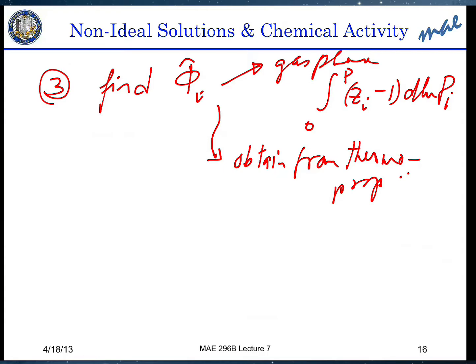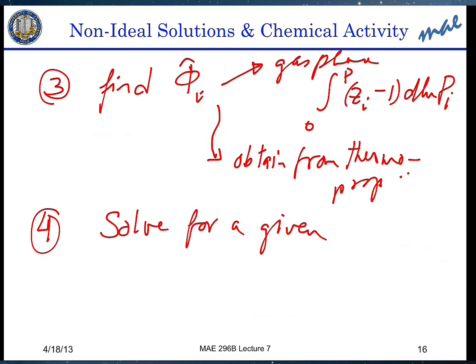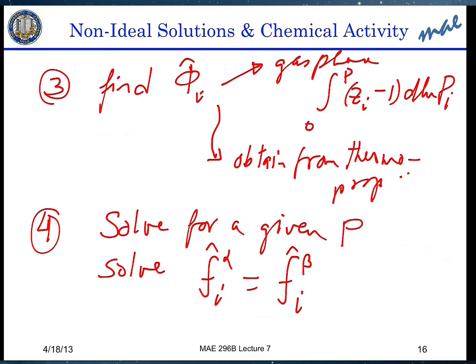And then the next one is step number 4. Step number 4 is that for a given pressure P, we solve for equilibrium. Solve: the fugacity of element i in phase alpha in solution is equal to the fugacity of the same element in the beta phase in solution.